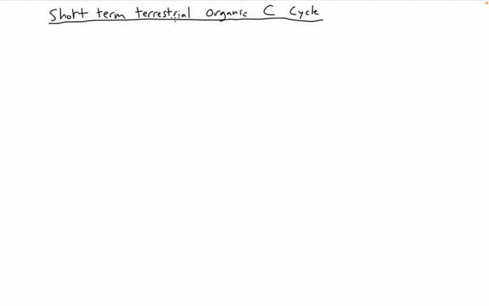We're going to stay out of the ocean. We're going to talk about the interactions between plants and animals and this sort of thing. And the numbers that are going to be on here are in gigatons or gigatons per year.